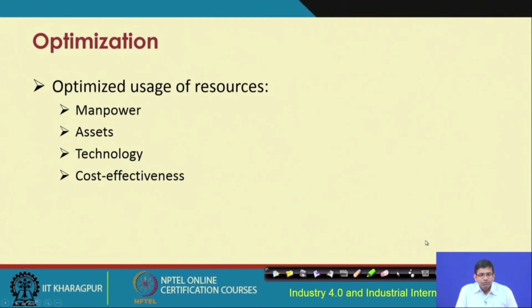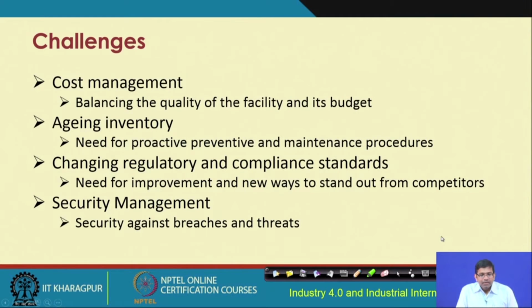Optimization of different resources, manpower, assets, technology, and cost effectiveness are also optimization issues that a facility manager deals with. Different challenges with facility management include cost management, that means balancing the quality of the facility with respect to the budget, and aging of the inventory.